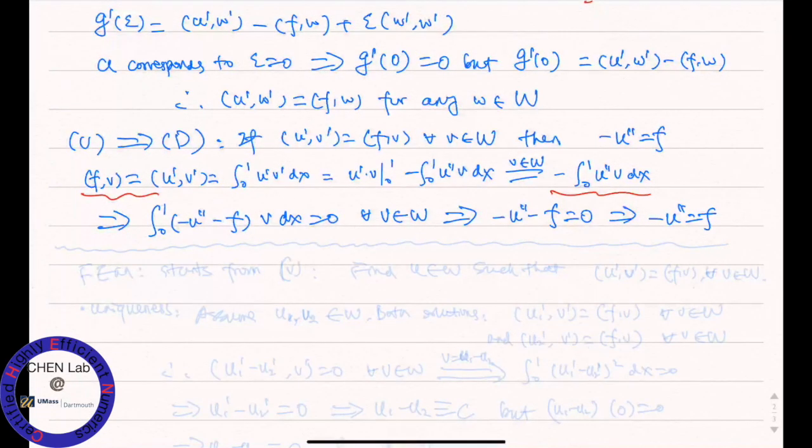Anyway, we have come from the equation D to the variational form V to the minimization problem M. The minimization problem will give us a lot of analytical tools, which we're not going to talk about in any detail in this course.